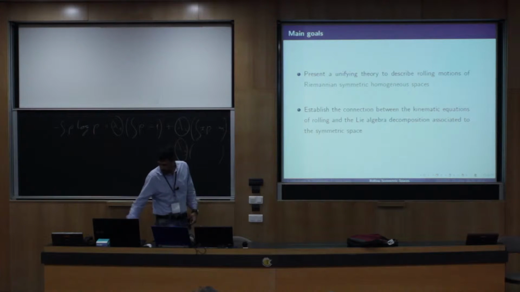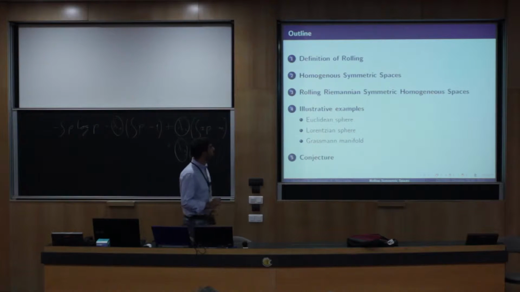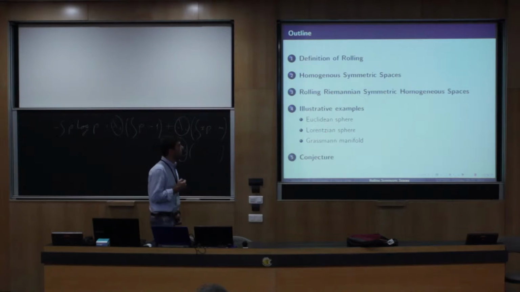The outline of the talk is this. First I will recall the definition of rolling. This is a technique that, as far as I could understand, nobody here talked about before.